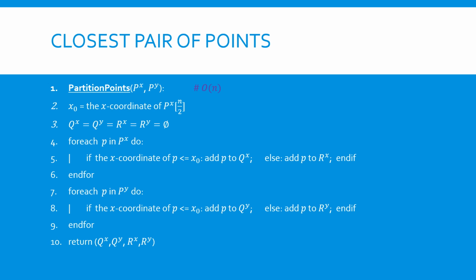Therefore, points in Qx and Rx remain sorted by their x-coordinates. Similarly, lines 7 to 9 compare the x-coordinates of each point in Py with x0 and partition them into Qy and Ry. Note that this function only checks the points in Px and Py once, and therefore runs in linear time.